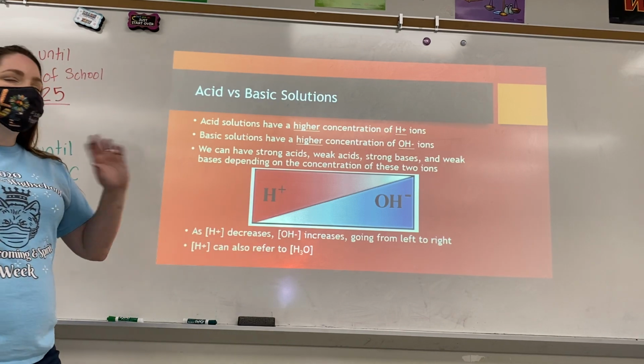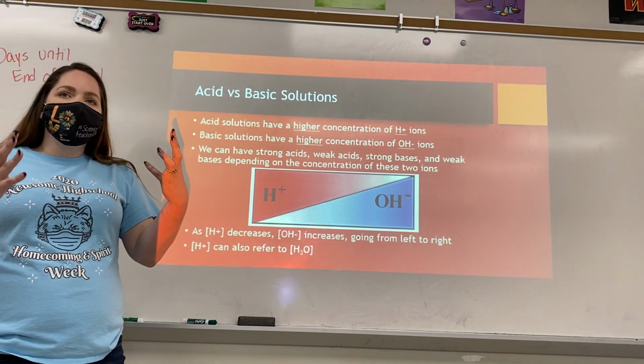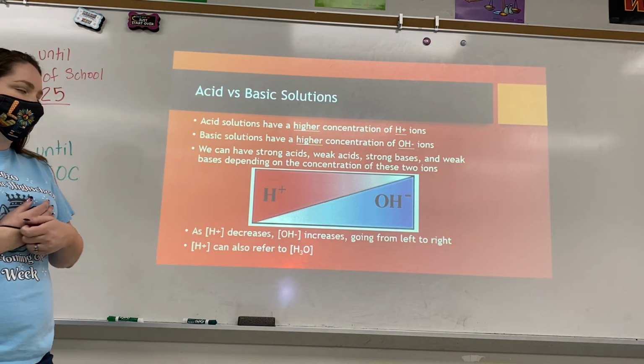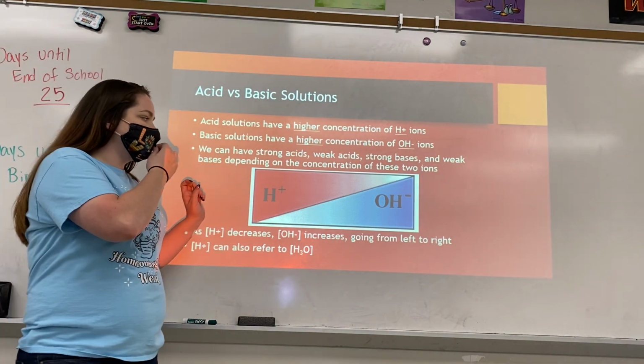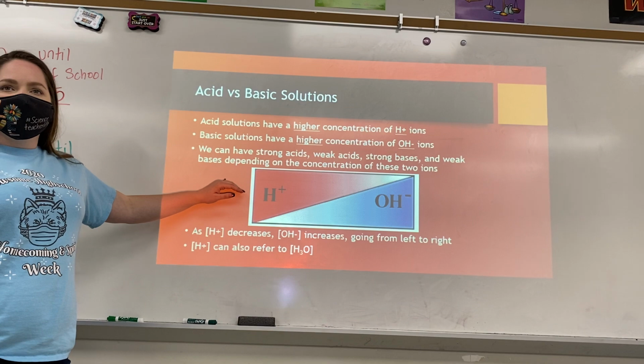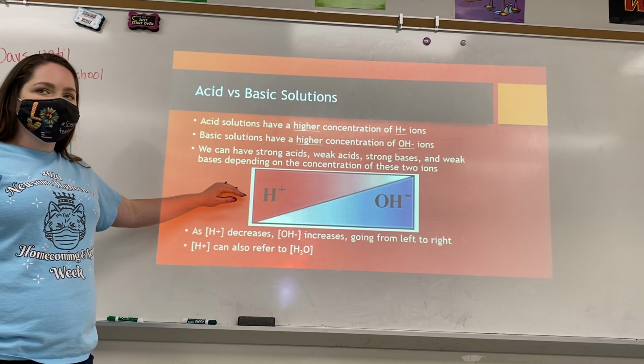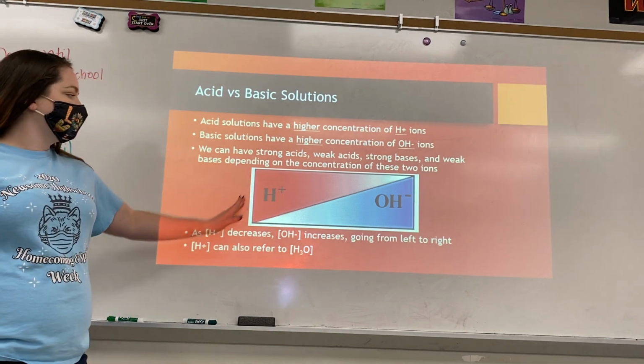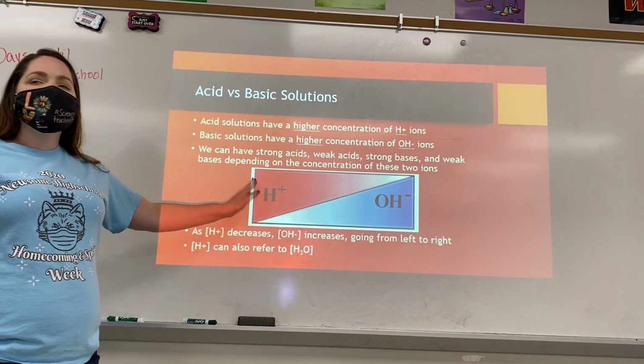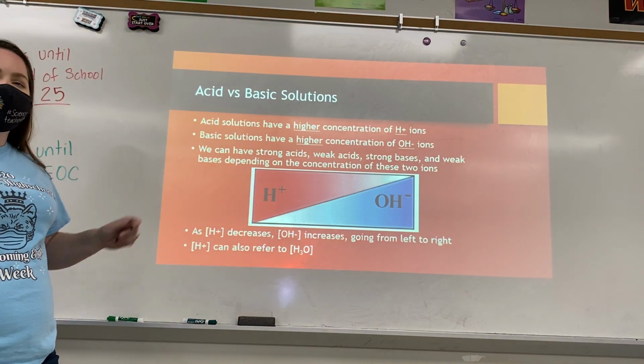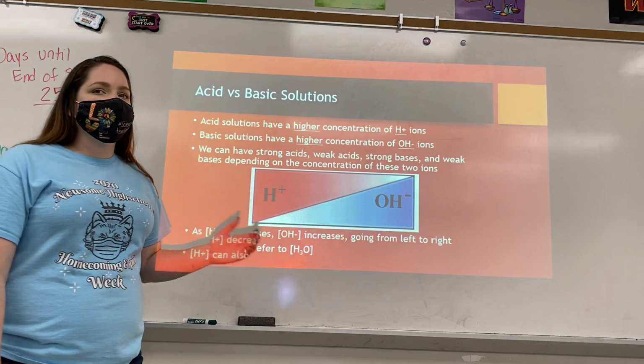What you have to understand is that if something is acidic, you have a higher concentration of hydrogen ions. So looking at this picture, if you're over here on the left-hand side, then you have more of your hydrogen ions.